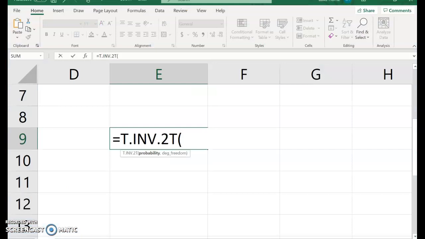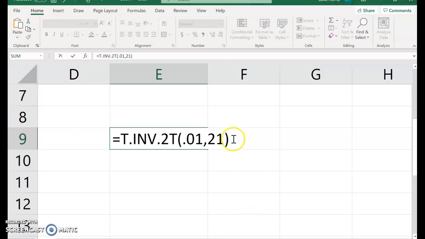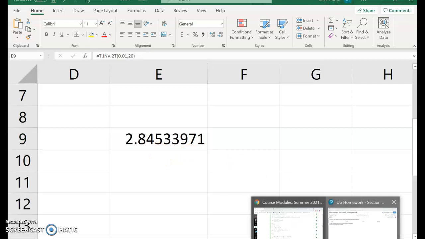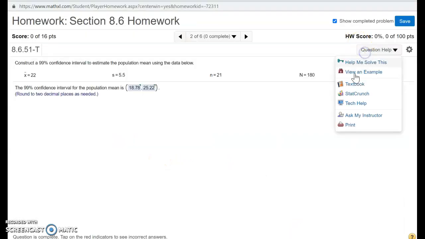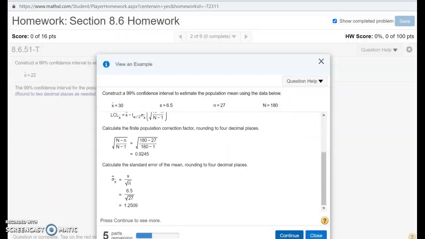So be careful there. 0.01, and the degrees of freedom is n minus 1. And here n is 21, so 21 minus 1, correction: 20. All right, so here is our t value. And we are going to check our t value.